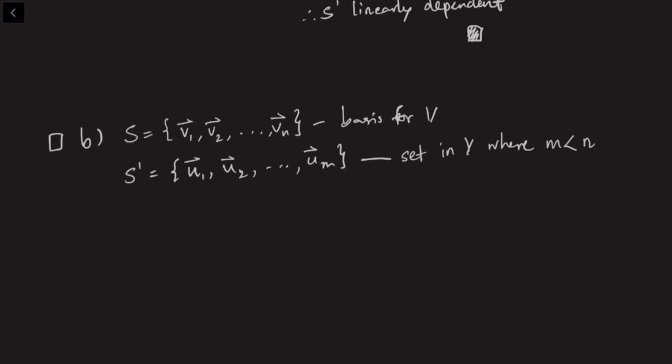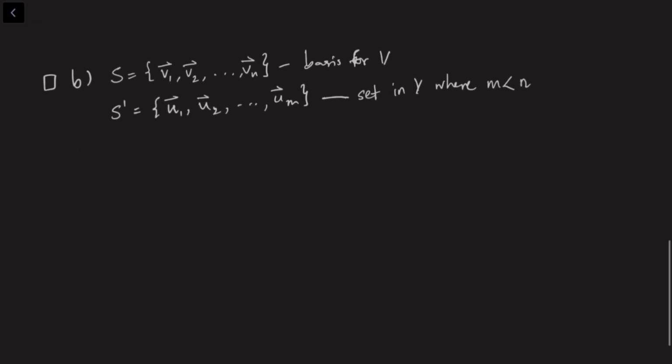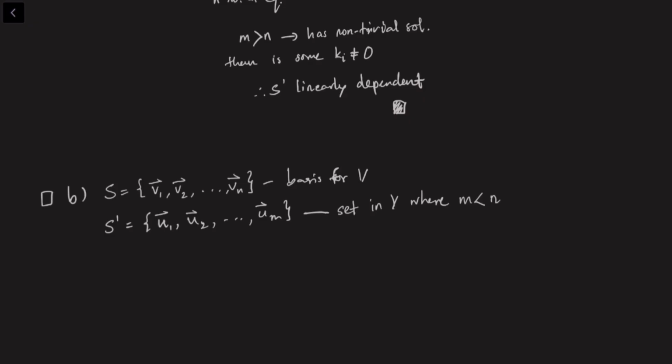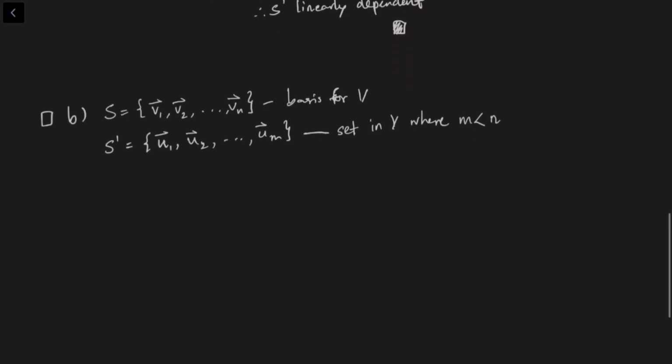So set S prime will have fewer than n vectors. And we have to prove that S prime does not span V, right?